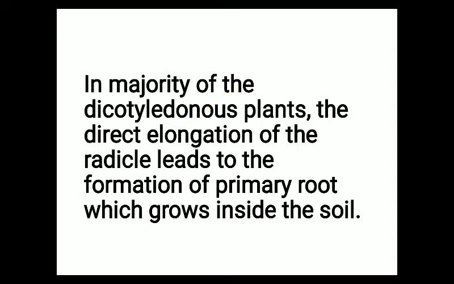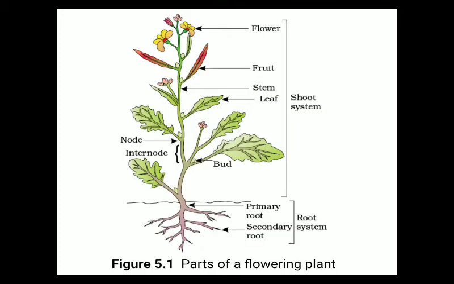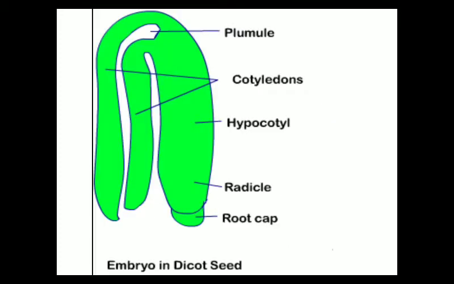So in majority of dicotyledonous plants, the direct elongation of the radicle. What is the meaning of radicle? This is a structure of embryo. This embryo is made up of different parts. Here you can see root cap. This particular part is radicle, hypocotyl, cotyledon, plumule, and these two are the cotyledons.